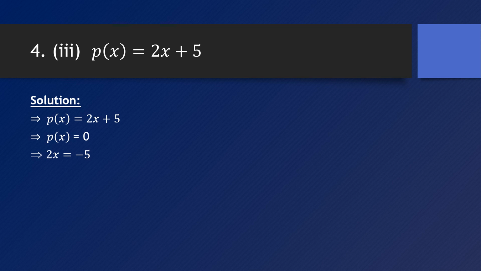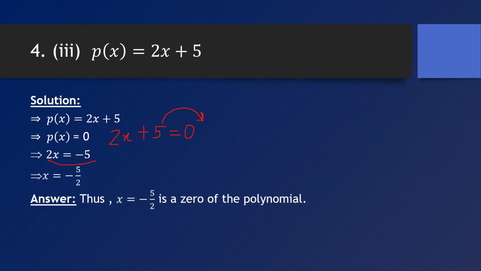It was like this: 2x plus 5 is equal to 0. Here we have sent this 5 to RHS and it is 2x is equal to minus 5. Then x is equal to minus 5 by 2. Now we can say that x is equal to minus 5 by 2 is a 0 of the given polynomial.